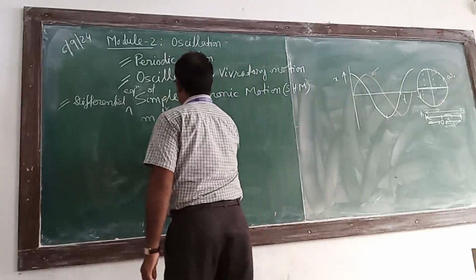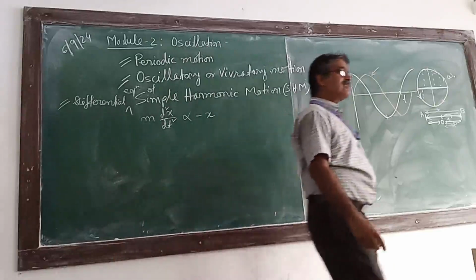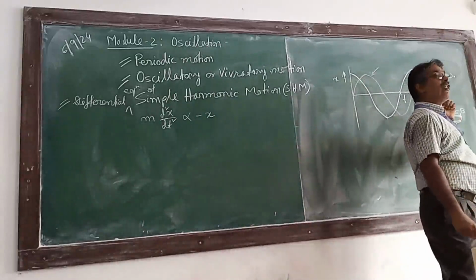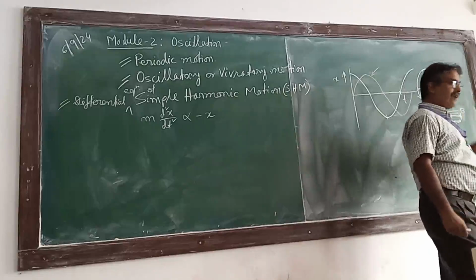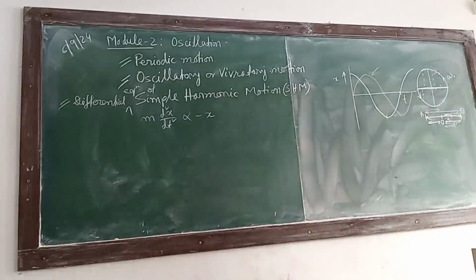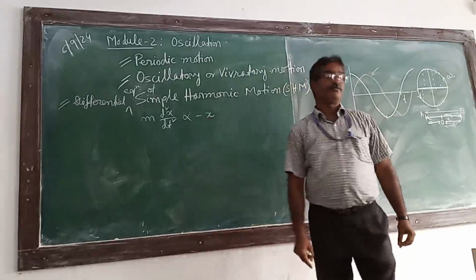Therefore, m d2x/dt2 is proportional to minus x. Why minus? Because it is directed towards the mean position, always opposite to the displacement. Therefore, the restoring force m d2x/dt2 is proportional to minus x.